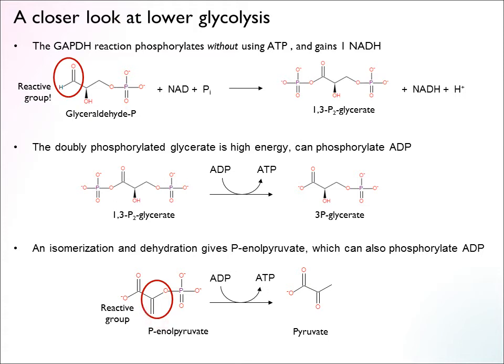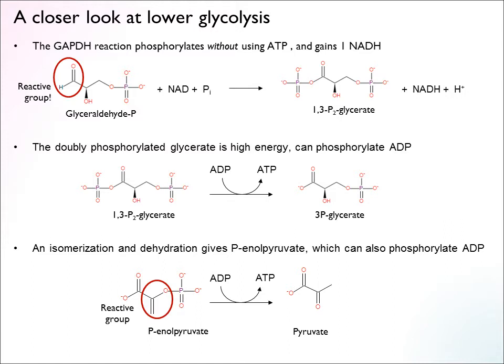And this is, again, reactive enough so that this phosphate can leave and phosphorylate ADP on its own and make ATP. So this is the pyruvate kinase reaction. So this is a kinase. If you would think of it in the opposite direction, it's phosphorylating pyruvate, but actually the reaction is favorable in the left to right direction because phosphoenol pyruvate is actually higher energy than ATP itself.